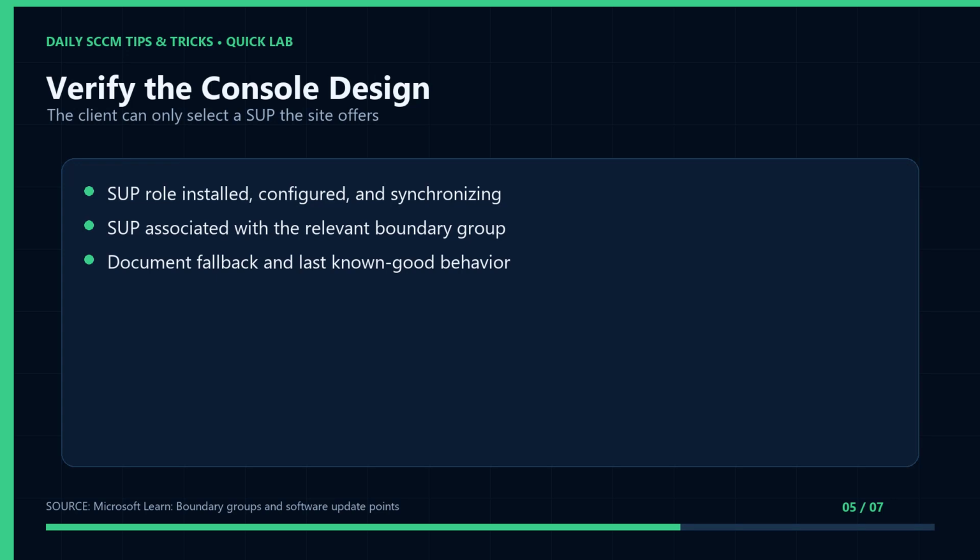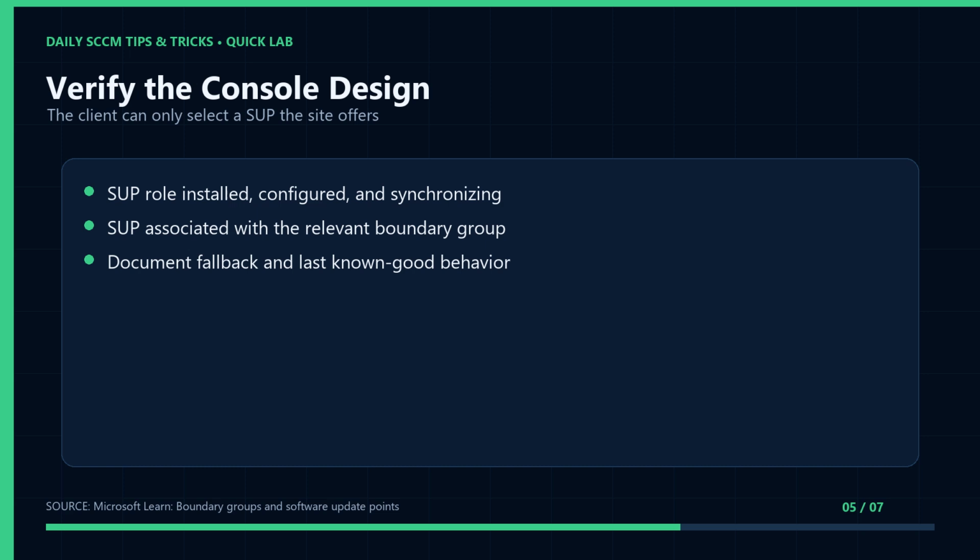In the console, confirm that the software update point role is installed, configured, and synchronizing without WCM, WSUS control, or WSyncMGR errors. Then review administration, hierarchy configuration, boundary groups, and confirm that an appropriate software update point is associated with the relevant group.